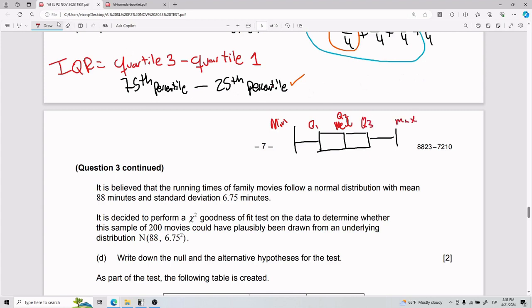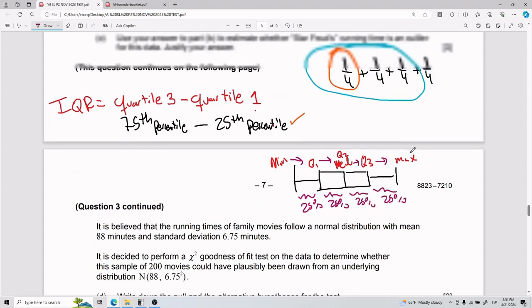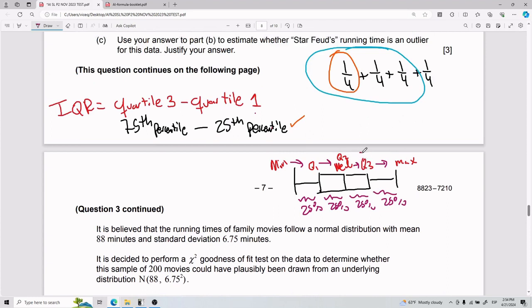What is cool is that from min to Q1, you have 25%. From Q1 to the median, you have 25%. From the median to Q3, you have 25%. And from Q3 to the max, you have another 25%. This is because quartile 3 is your 75th, and your maximum is your 100th. So it's like the top 25%.